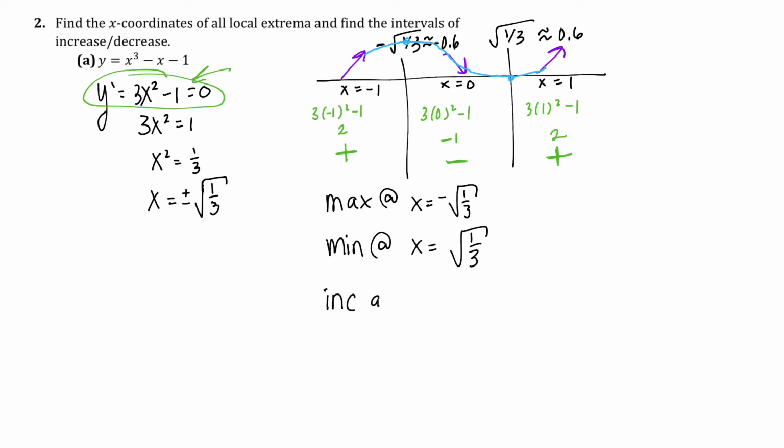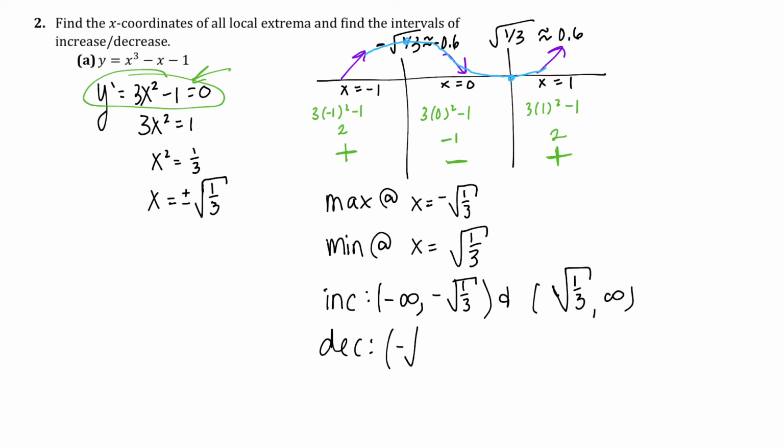The function is increasing from -infinity to negative square root of 1/3, and also increasing from square root of 1/3 to infinity. And it's decreasing on negative square root of 1/3 to square root of 1/3.